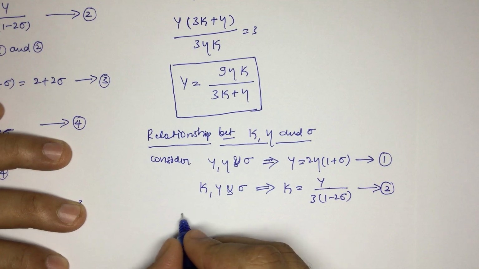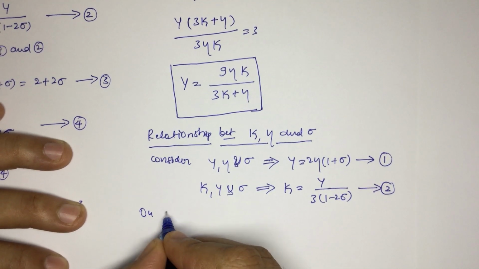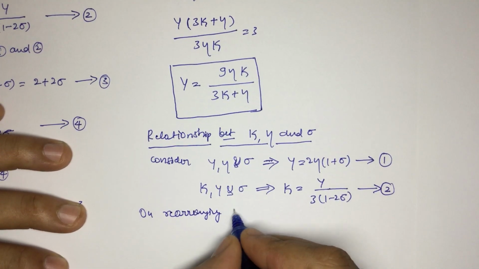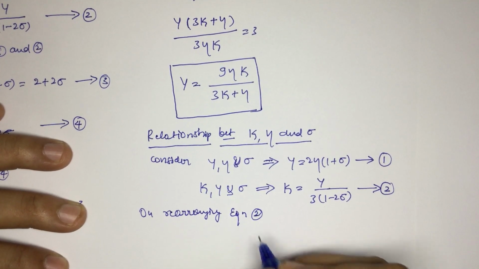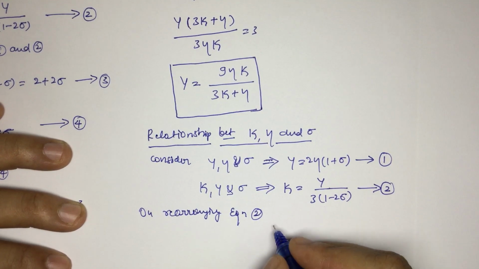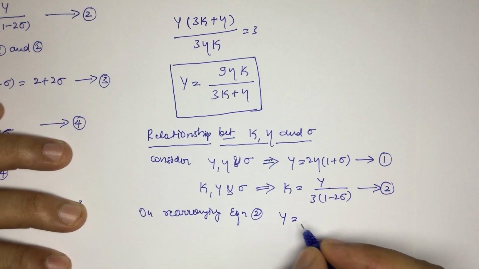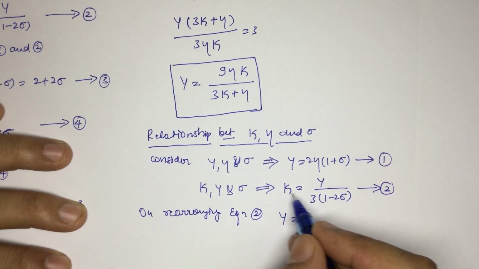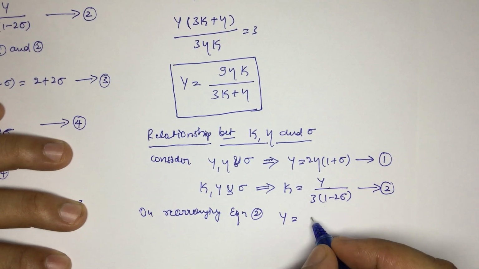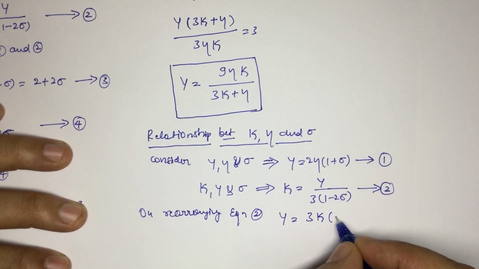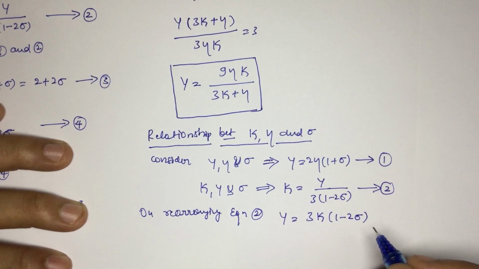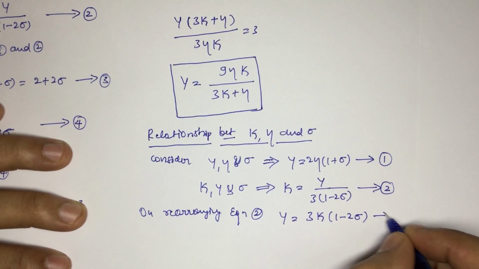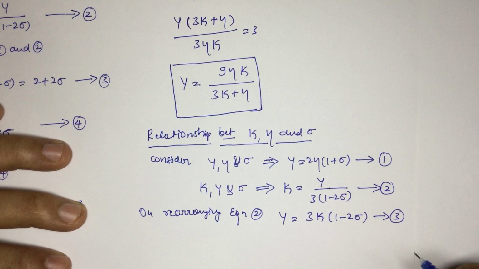On rearranging equation 2, I'll keep y on one side and bring remaining terms to another side, that is a cross multiplication. So this is y equal to 3k into 1 minus 2 sigma. Let us say this equation as 3.